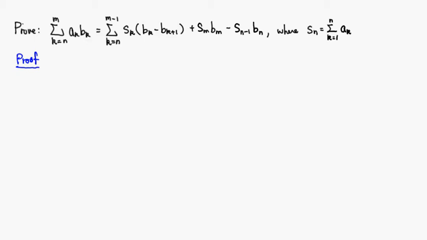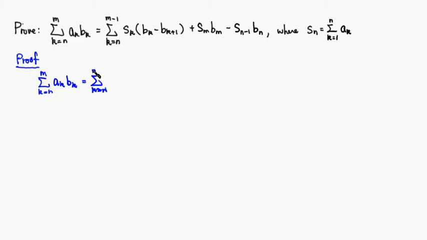So let's start with the left hand side. We have a summation, k goes from n to m, a_k b_k. Alright, so what we can do is rewrite a_k using a partial sum.